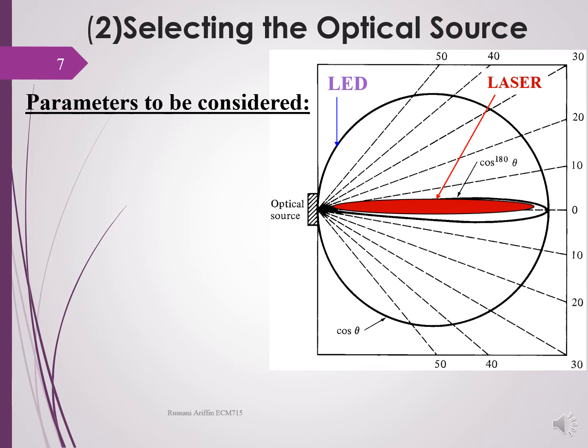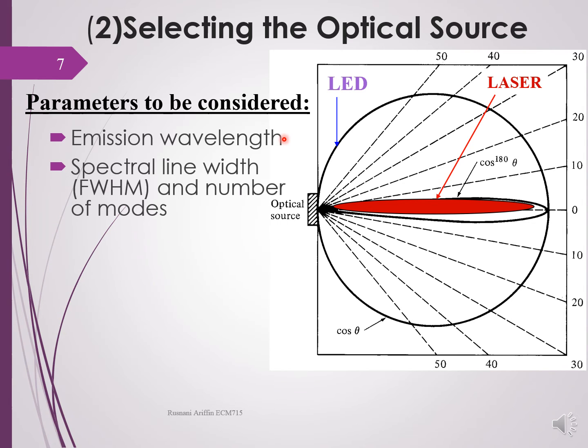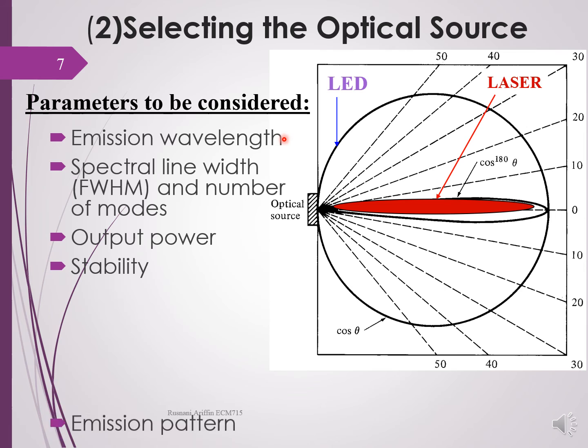Okay, the second consideration is selecting the optical source, whether you want to use an LED or a laser. So these are the parameters that you need to consider. The first one is the emission wavelength. Okay, at what wavelength your system is operating. Then the spectral line width or the full width half maximum.